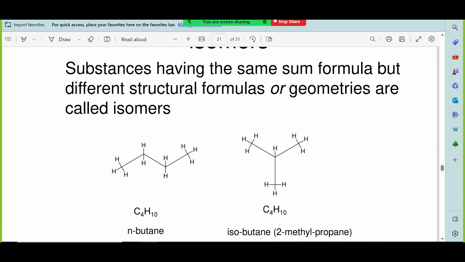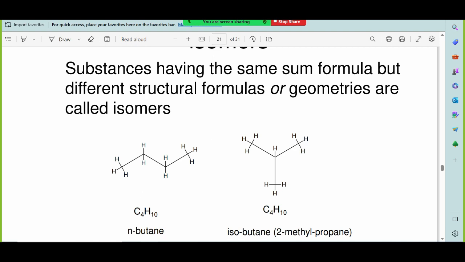So if you see this one and this one, if you count the total number of carbons, they are the same, 4. So the structural formula is like this one, the condensed one. For example, when you write CH4 or C2H6, this is called the structural formula. It's the same, but geometrically, if you consider the geometry of the molecule, it's different.